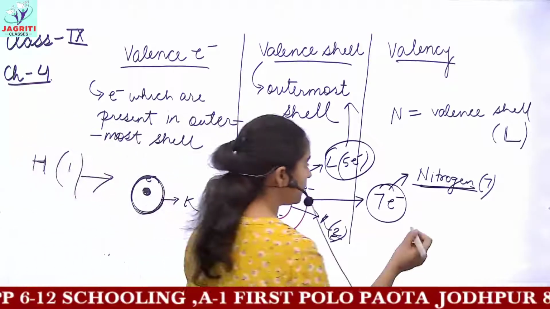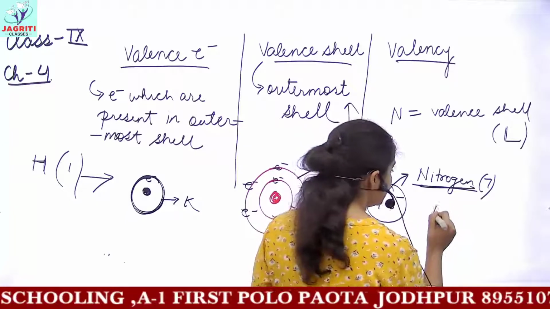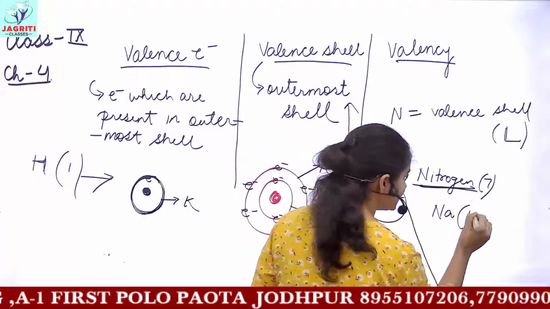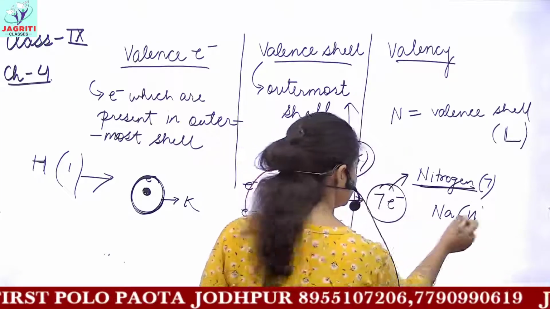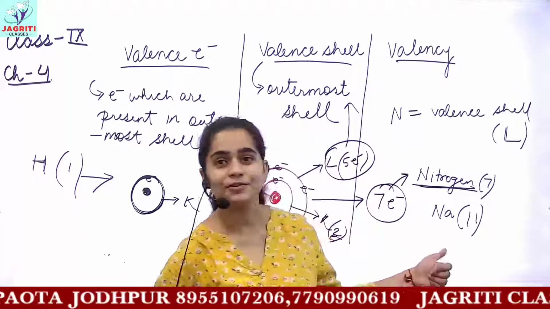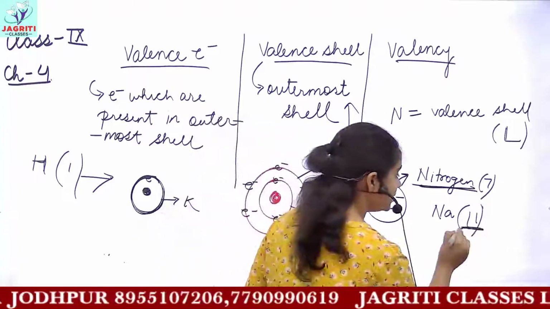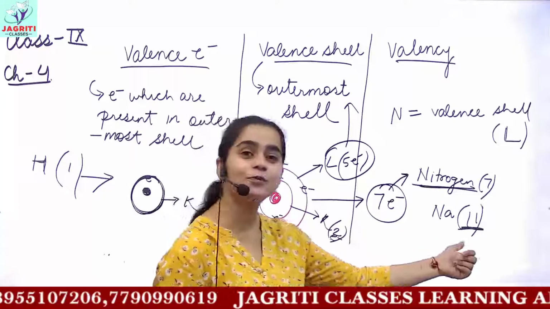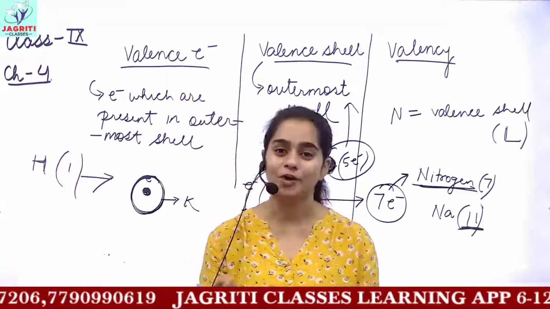Now let's take another example, sodium. The atomic number of sodium is 11. Atomic number means the number of protons, and the number of protons is equal to the number of electrons.